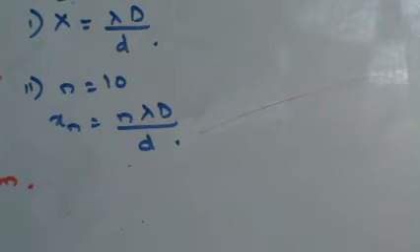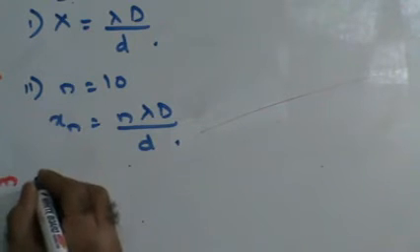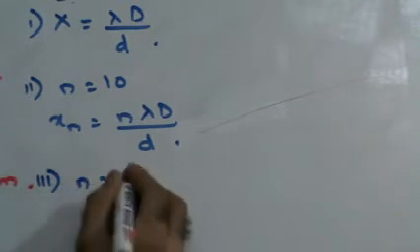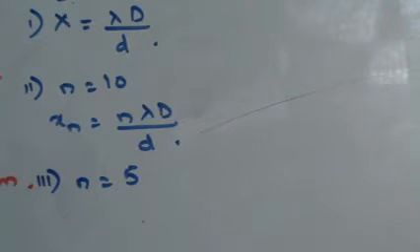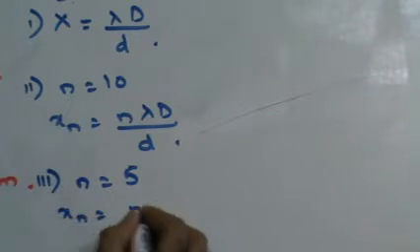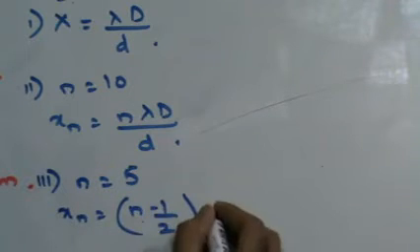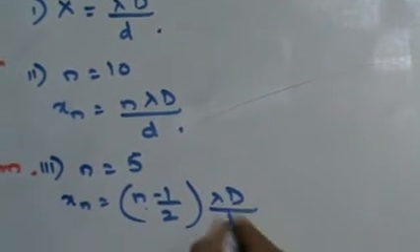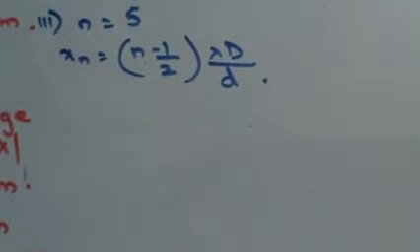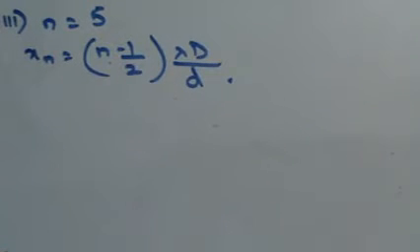Third part of the question is the distance of the 5th dark band. N is 5. Now this is a dark band. For dark band, the formula is xn is equal to (n minus half) lambda D by d. That's how you will get the distance of the 5th dark band.